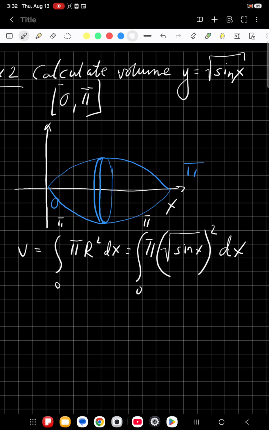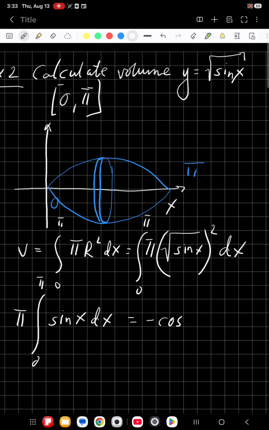So it's pretty convenient that I have that square root. Without it, calculating the integral of sine square would be difficult. But this way, we just end up with sine. So I have pi. Again, I took it out, from 0 to pi. Now it's just sine x dx. Okay, so the antiderivative of sine x is negative cosine x.